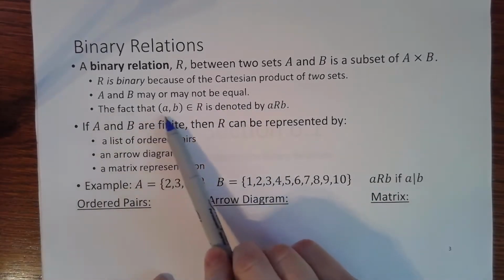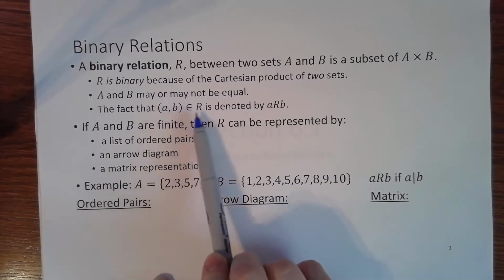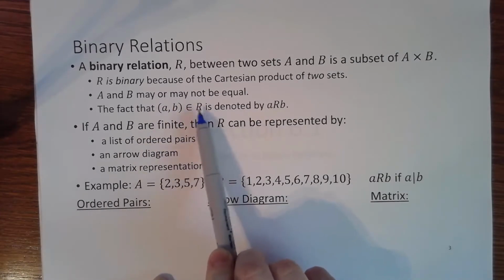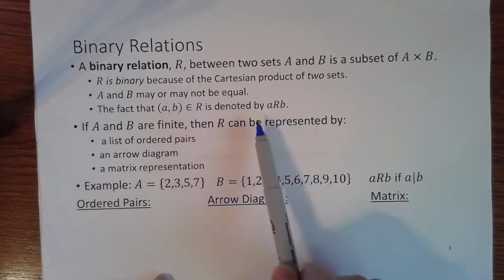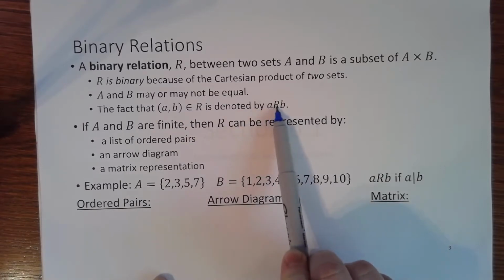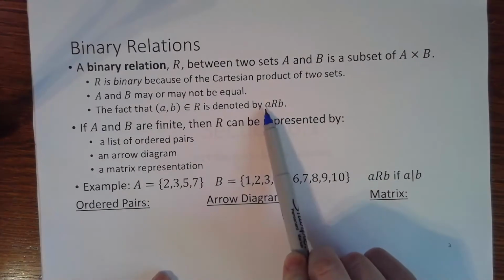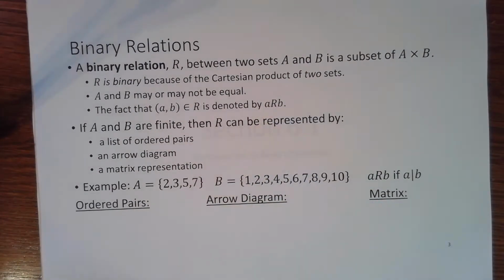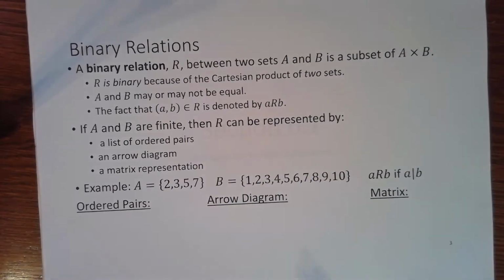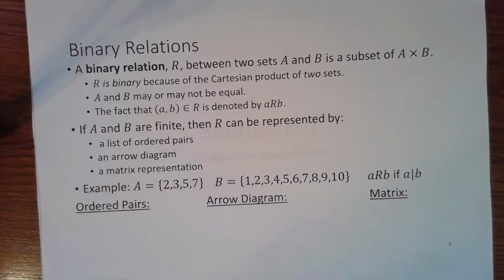The fact that the ordered pair (a, b) is in the relation is denoted with a, then a capital R, then b. That just means a is related to b. It's very similar to functions, like I said before, but there are no restrictions like, for each a there has to be one b.